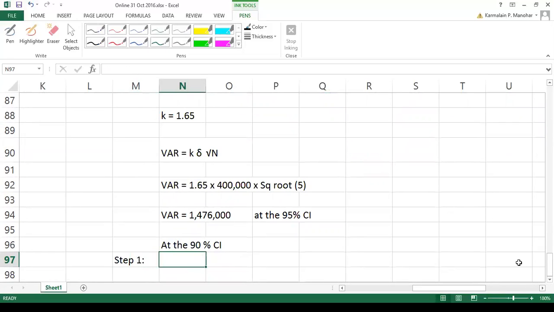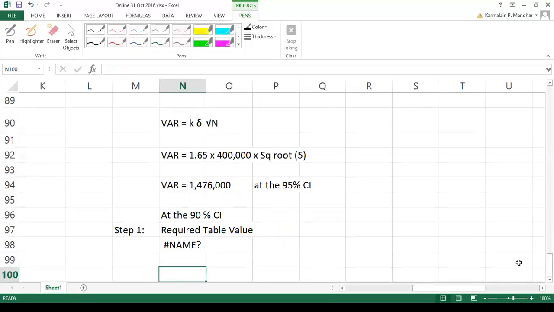Find table value is equal to CI minus 0.5.